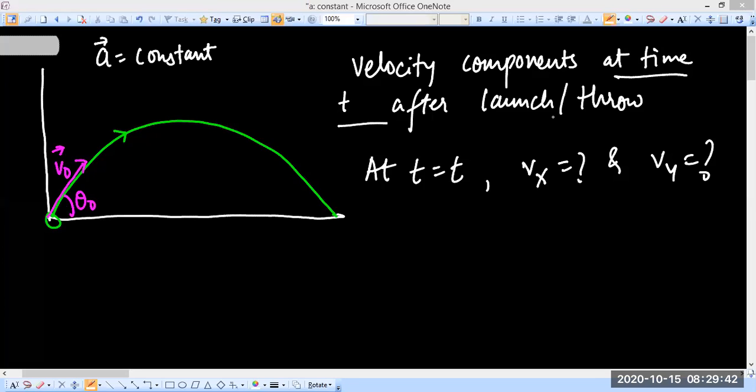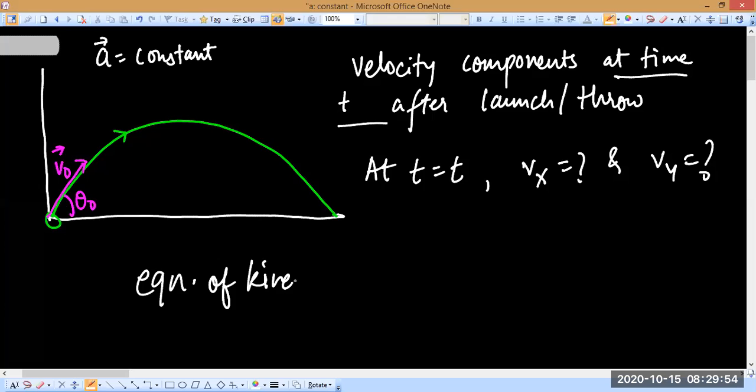Some of you are saying G. No, not Parle G. We can use equations of kinematics. If acceleration is constant, we can use equations of kinematics, right?